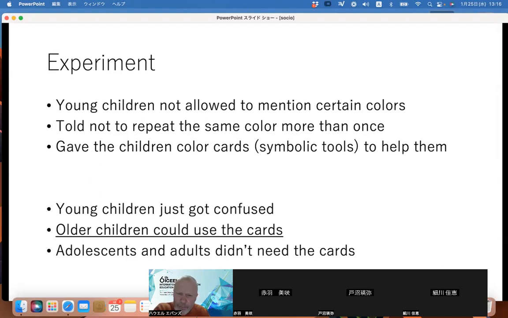So why is that? What kind of help does that provide? Why does it provide a help? You've got this symbolic tool.